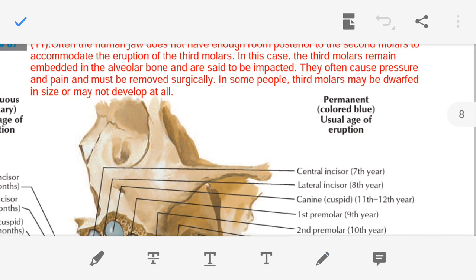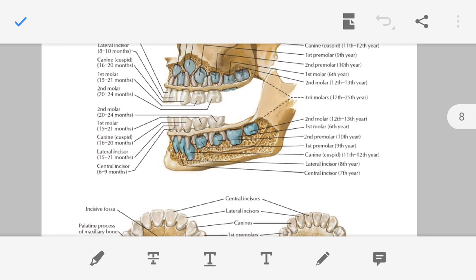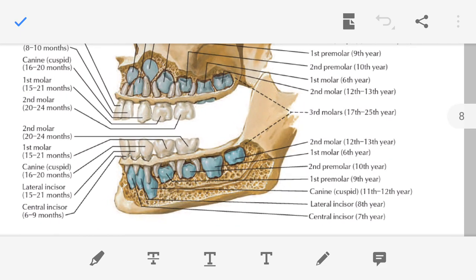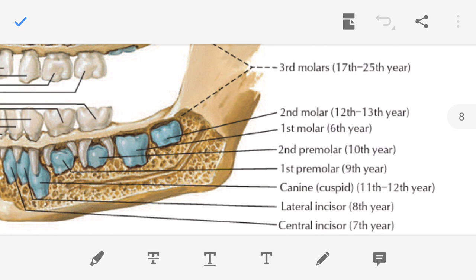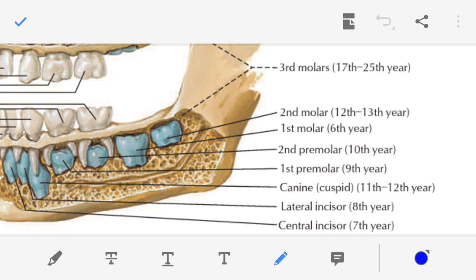For example, here, if you observe closely, this one is the first molar they are showing. This one is the second molar. And after the second molar, this one is the third molar that I have drawn right now.